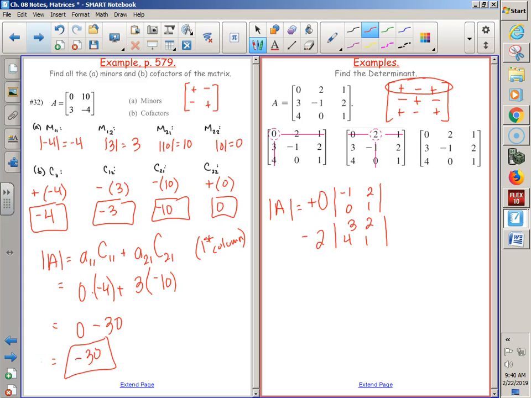Then, wait, how would I finish this off? I have the 0, I have the 2. I need to finish off my row. I'm going to cross, cross, and multiply by the minor, the determinant of what's left. What sign am I going to steal? Same, please. And what am I going to do? Add them all up.